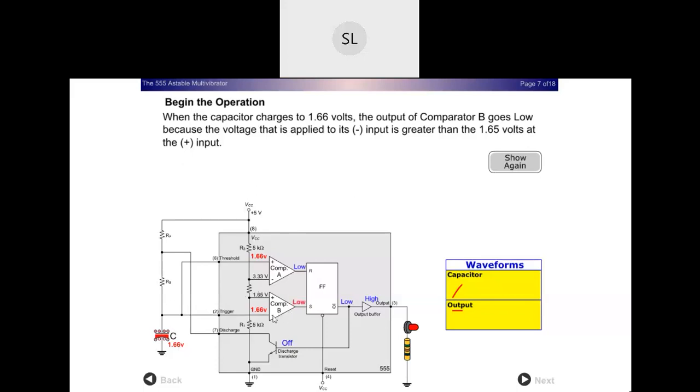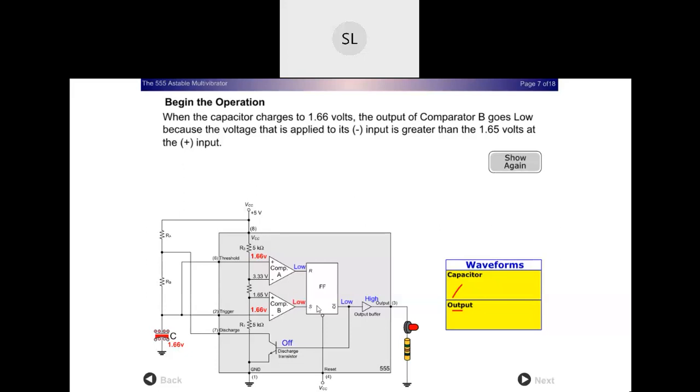The output of this lower comparator, which was initially high when there was no charge on the capacitor, will be switched to low, because of which what will happen?